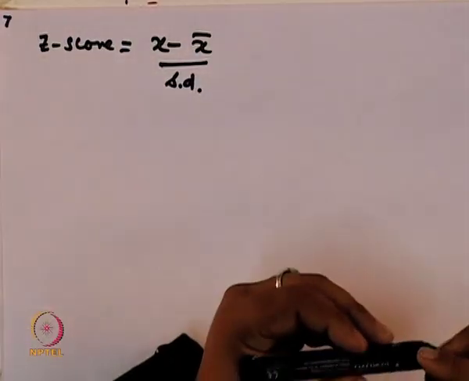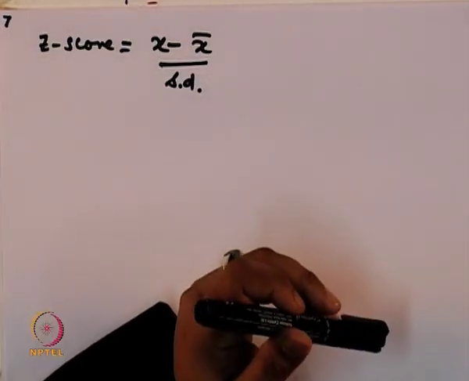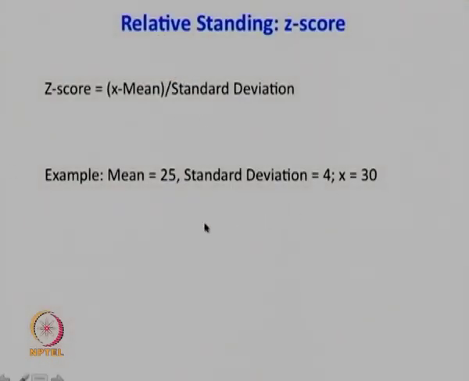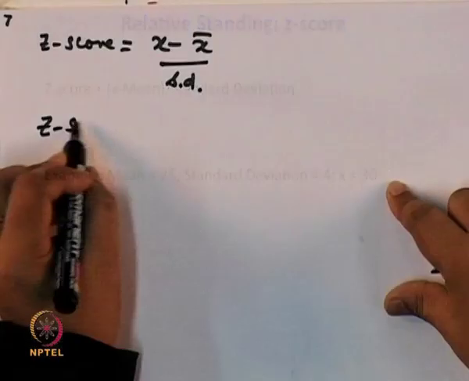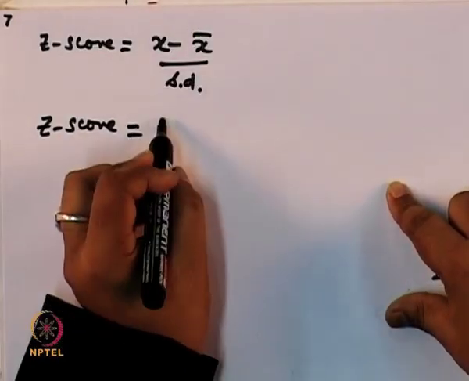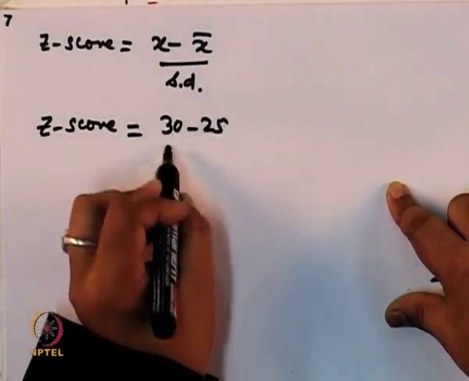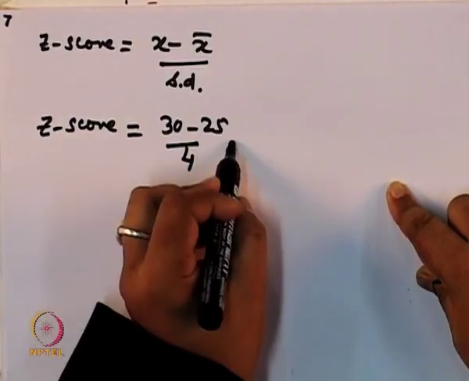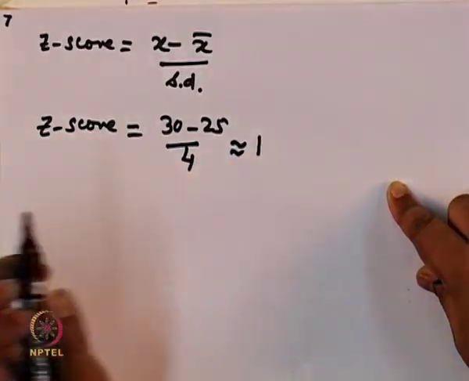If my mean is 25, my standard deviation is 4, and x is equal to 30, I get a z score of (30 minus 25) by 4, which is roughly 1, okay.